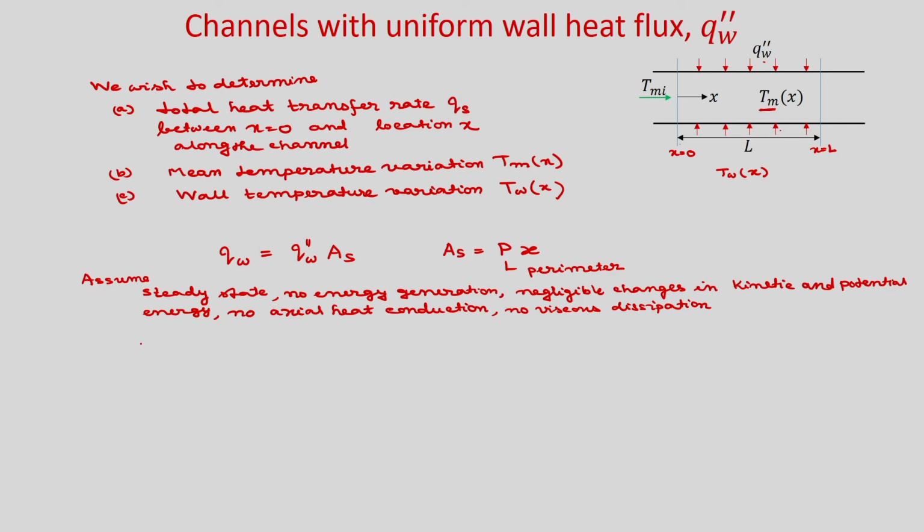So, energy added at the wall will be energy absorbed by the fluid. This is just a simple energy balance. Now, what is the energy added at the wall? That is nothing but Qw, and that is q double prime w times area. The area is P times x, where P is the perimeter.